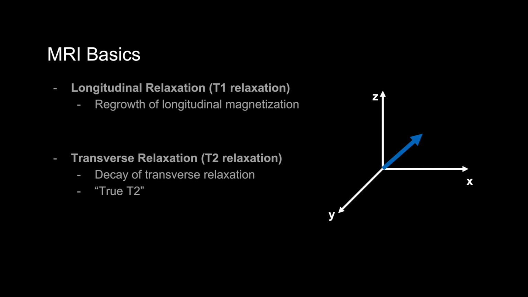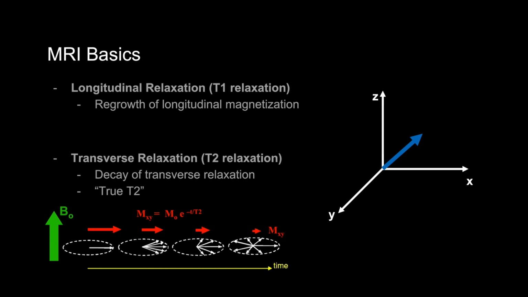In order to maintain signal in the transverse plane, the precessing molecules have to: 1. Remain in sync as they precess, and 2. Stay in the xy plane. So, over time, the transverse signal goes away, which is called transverse relaxation or T2 relaxation.